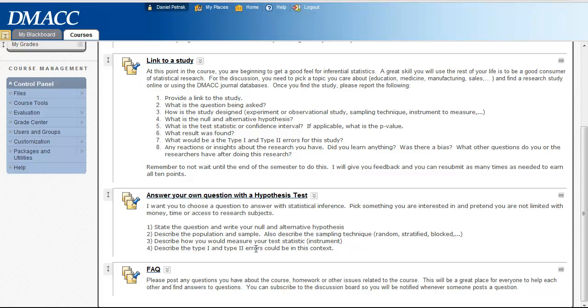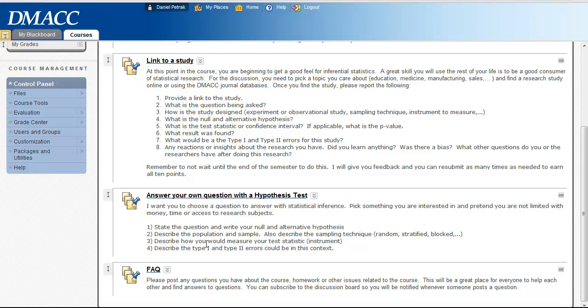So you don't have to worry about being restricted by time or money on that. It's kind of a fantasy, go out and research a question you've always wanted to have answered with research. But I'm looking at your design and showing your knowledge of what goes into answering questions with an observational study or an experiment, and testing those hypotheses in a scientific manner.